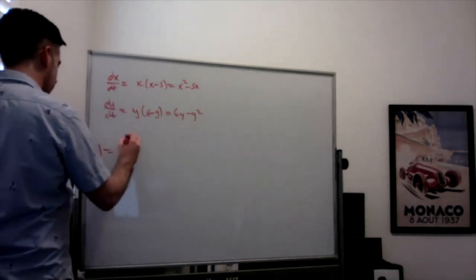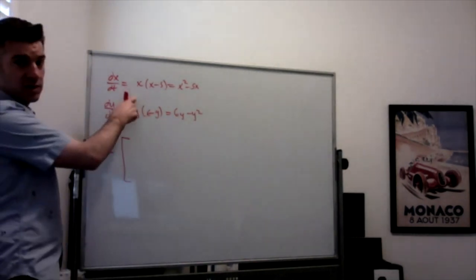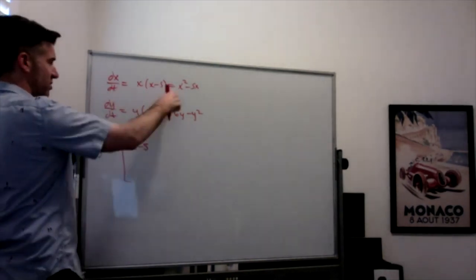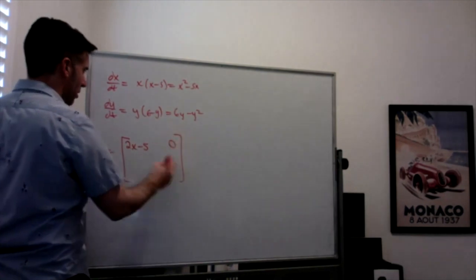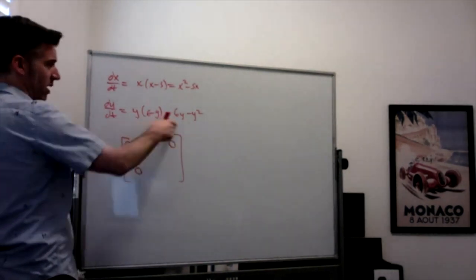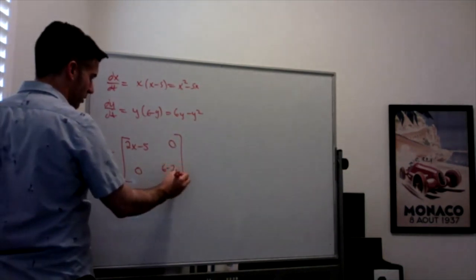The Jacobian: the partial of this with respect to x is going to be 2x minus 5. Partial of this with respect to y is going to be 0. Partial of this with respect to x is going to be 0. Partial of this with respect to y is going to be 6 minus 2y.